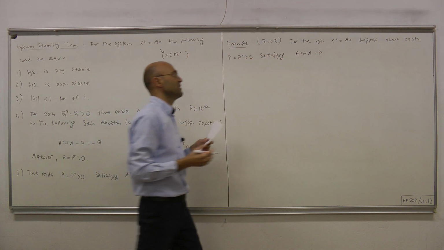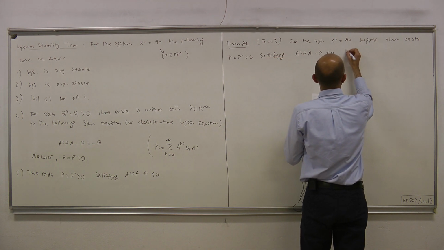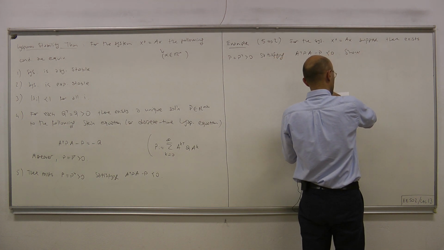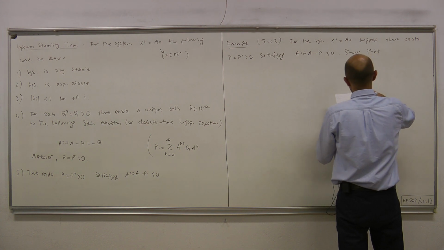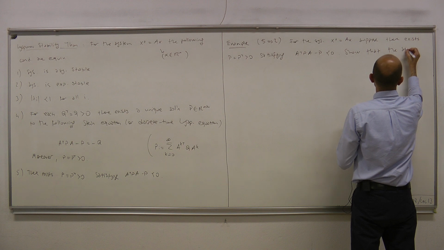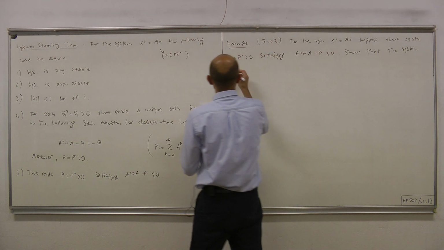A transpose P A minus P is a negative definite matrix. Now, starting from those premises, we're going to show that the system has to be exponentially stable.